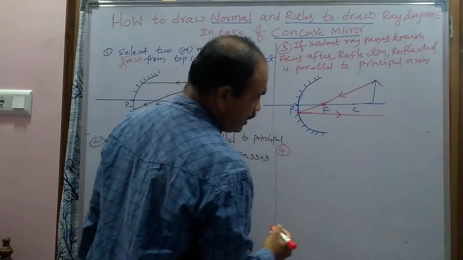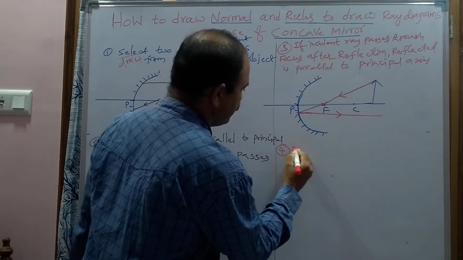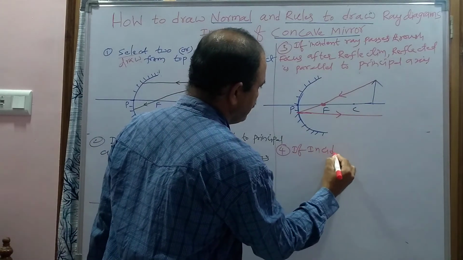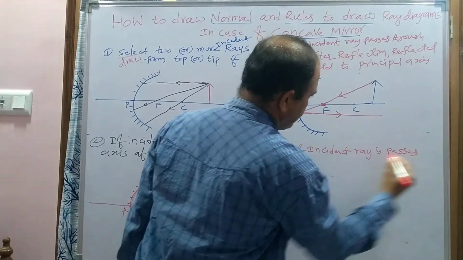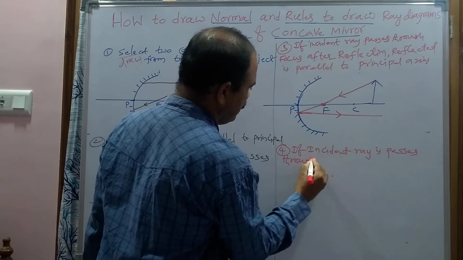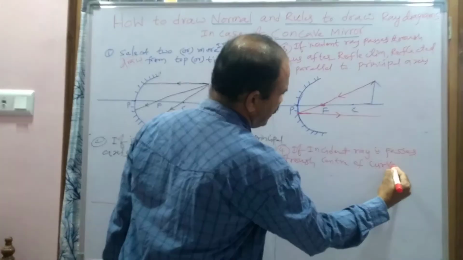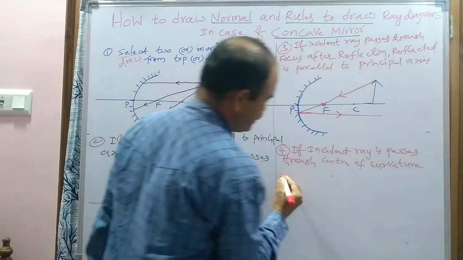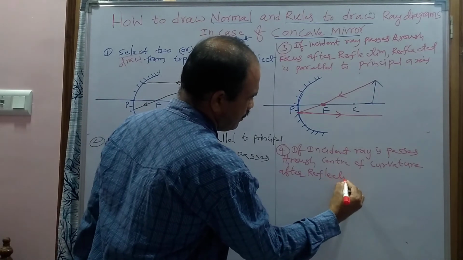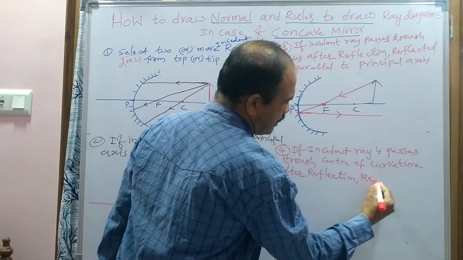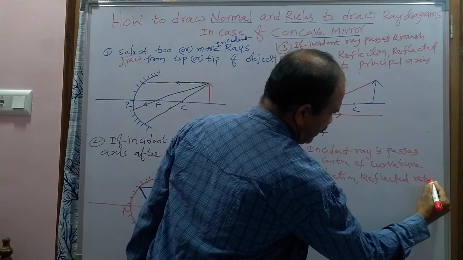The fourth rule is, if the incident ray passes through the center of curvature, what happens? If the incident ray passes through the center of curvature, after reflection, the reflected ray returns along the same path.